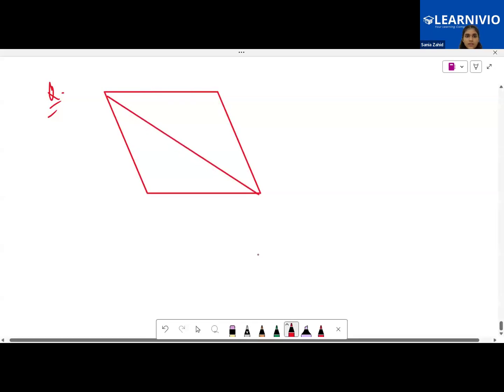This is one diagonal. This is another diagonal. This is 20. This is 16. This is x plus y. And this is y plus 7. Find x and y. Okay, ma'am.